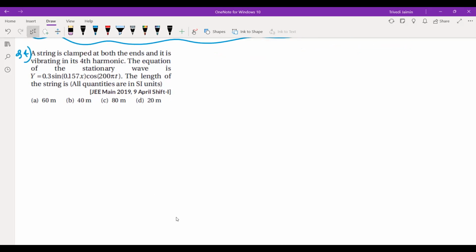A string is clamped at both the ends of its vibrating, its fourth harmonic. Okay, fourth harmonic they are saying. The equation of the stationary wave is y equals to 0.3 sine 0.157 x cos 200 pi t.